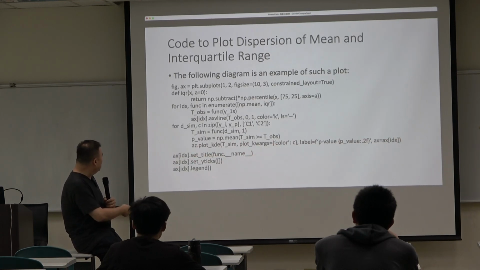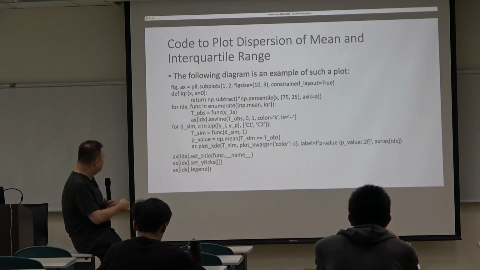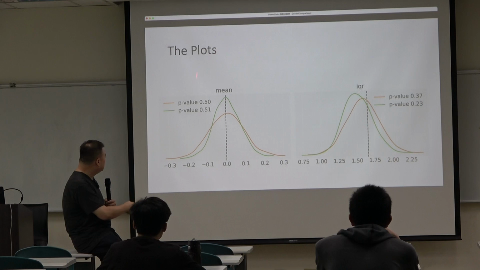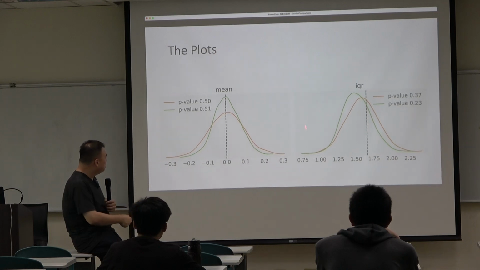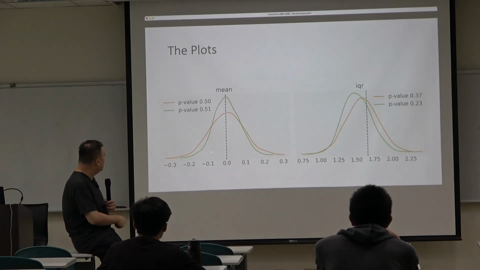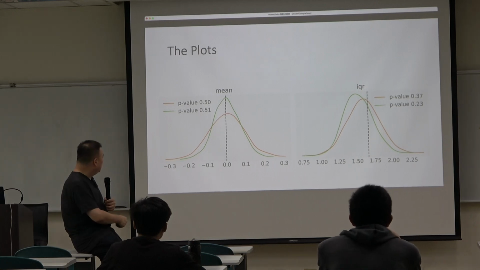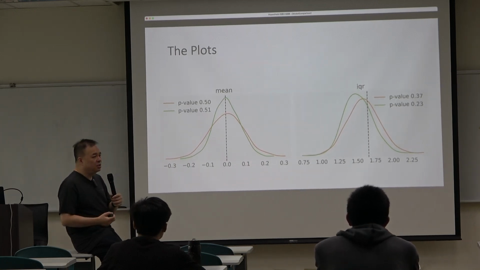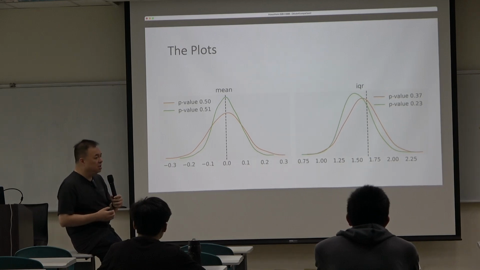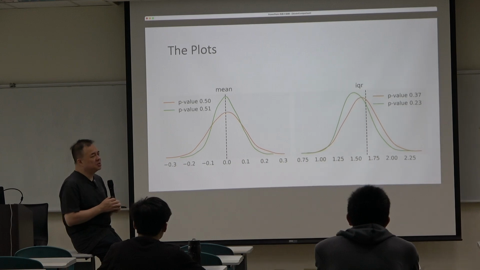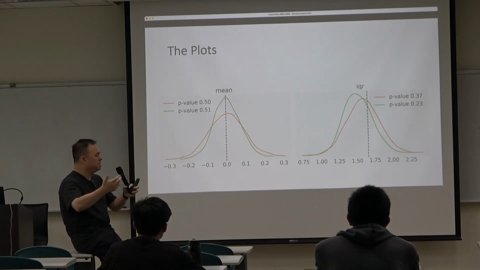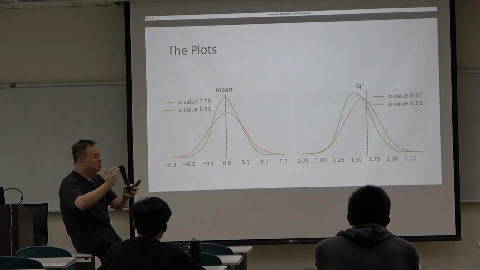Okay, so here's the thing. We can draw this figure. This will be a more interesting figure. This shows the dispersion, or I should say the distribution, of a number of samples you obtained from the posterior distributions.